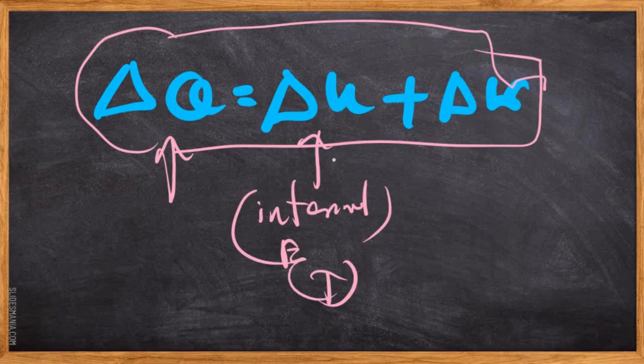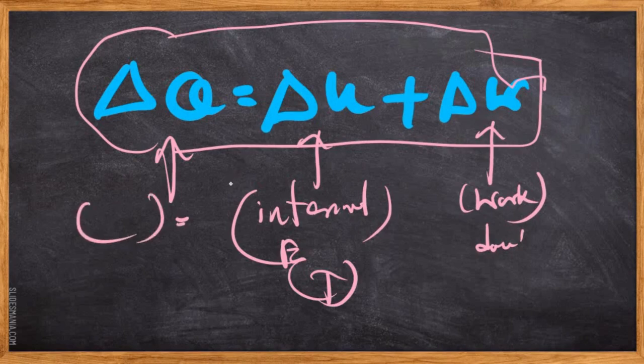If there's a temperature change, internal energy is changed, and delta W is the net work done. Once we add these two, we get the heat exchange from the external environment. In an isothermal process, delta U is 0, and in an adiabatic process, delta Q is 0.